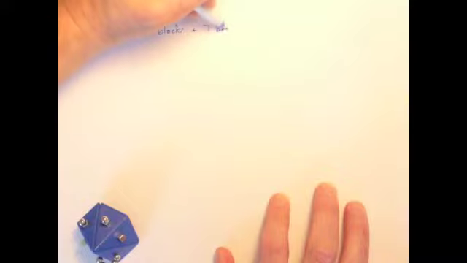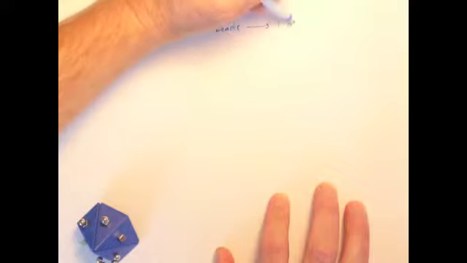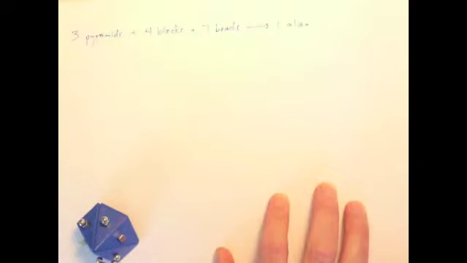So here's our alien. Let's stick that off on the corner, and we can write a chemical equation, or at least a toy equation, if you like. Say 3 pyramids plus 4 blocks plus 7 beads go to make 1 alien.